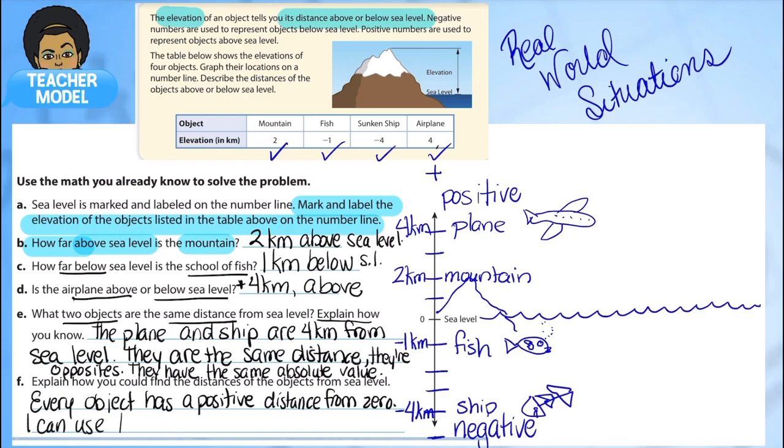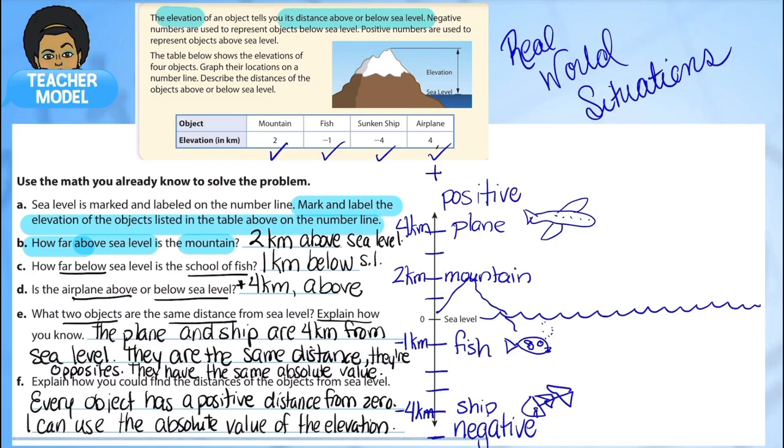I can use the absolute value of the elevation to find distance. I'm kind of running out of room here, but to find the distance, that's all I would need. This is absolute value.